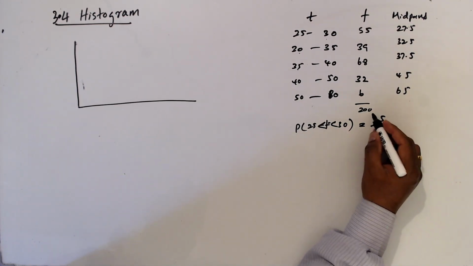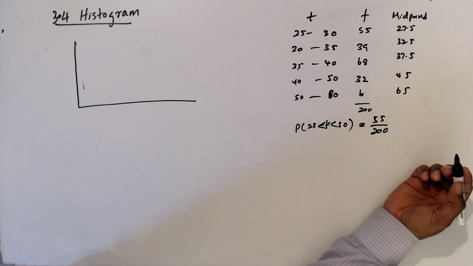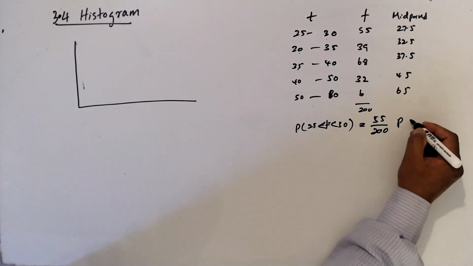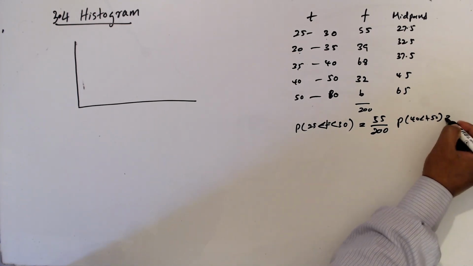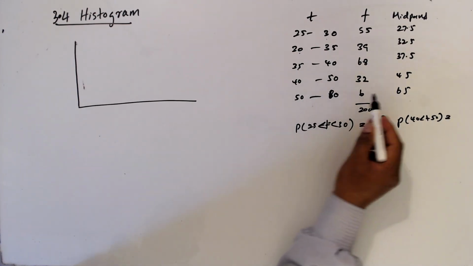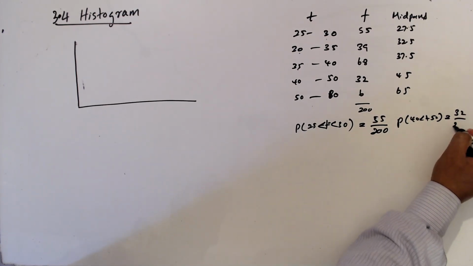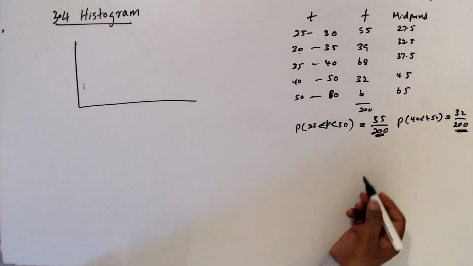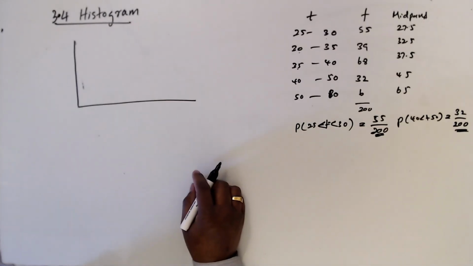Total frequency is 200, so it is 55 out of 200. Assume that we want to find the probability between t 40 and 50. The frequency is 32 out of 200. Now this has become a probability: the relevant frequency divided by the total frequency.